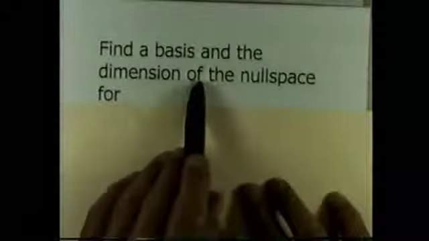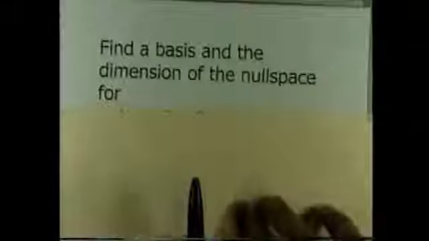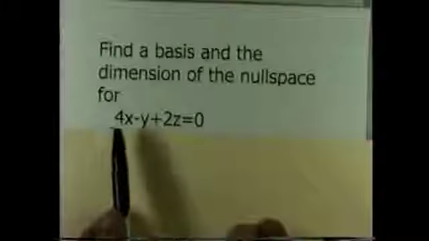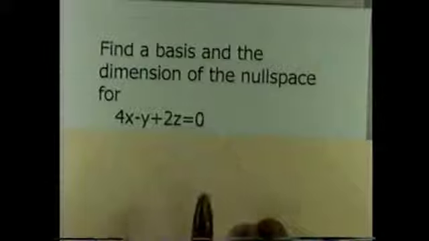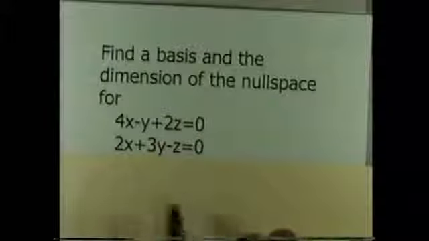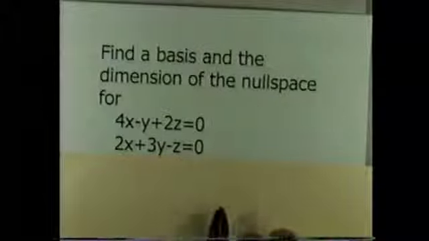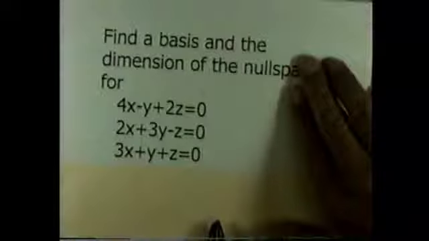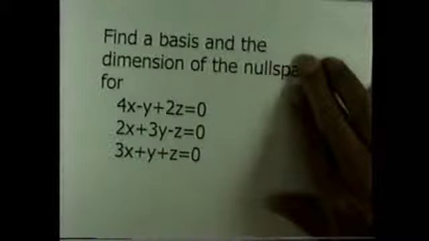Find the basis and the dimension of the null space for 4x minus y plus 2z is equal to 0, 2x plus 3y minus z is equal to 0, 3x plus y plus z is equal to 0.